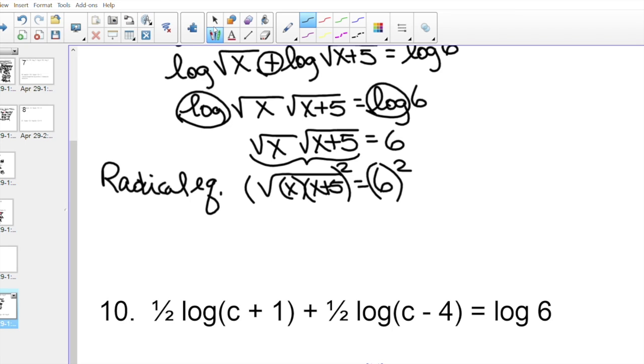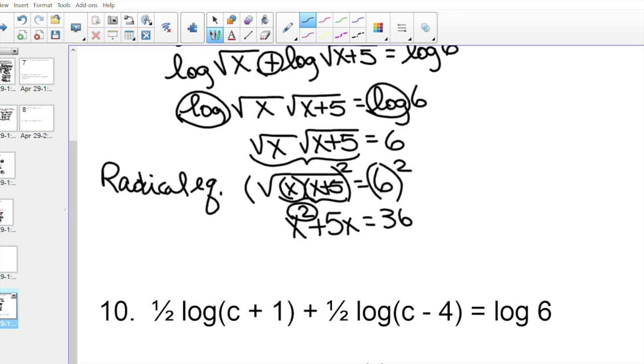So, what is the square root of anything squared itself? Now I'm going to go ahead and distribute this, so it'll be x squared plus 5x with no radical is equal to 36. Now you notice that we have a variable squared, and everybody knows that's called a quadratic equation.